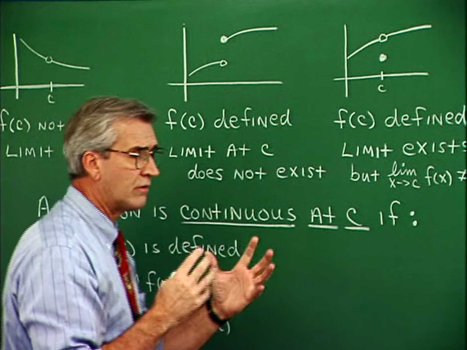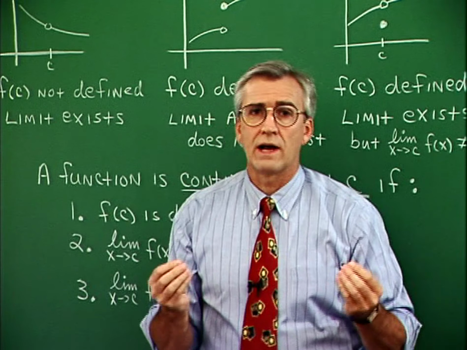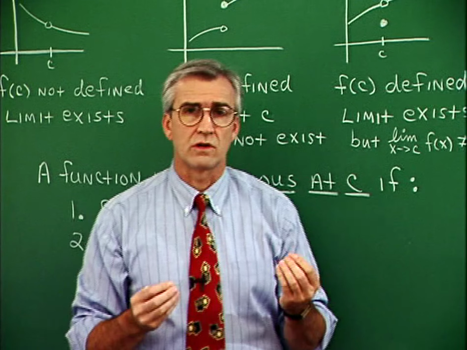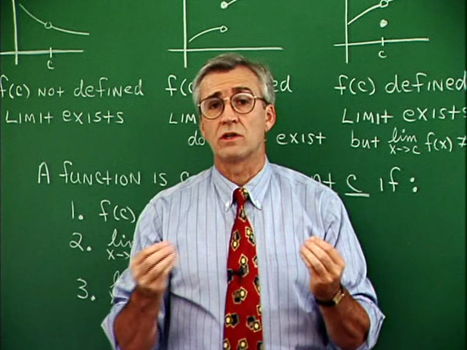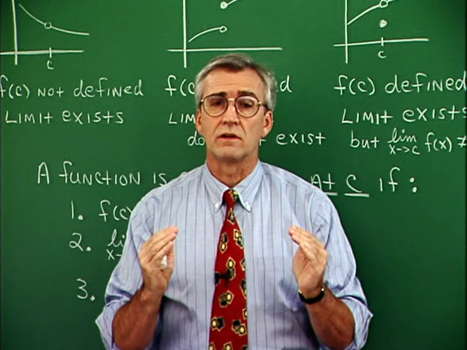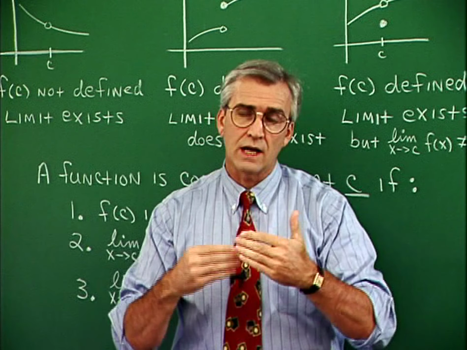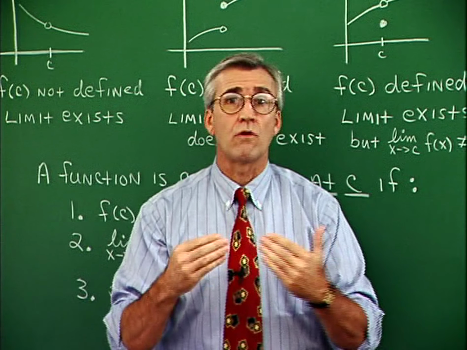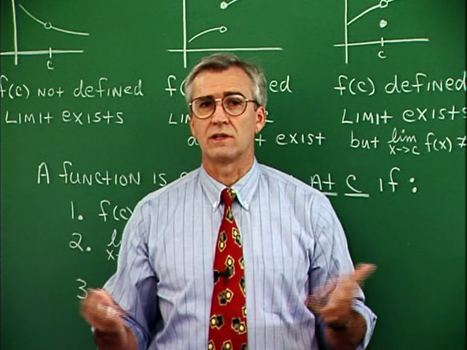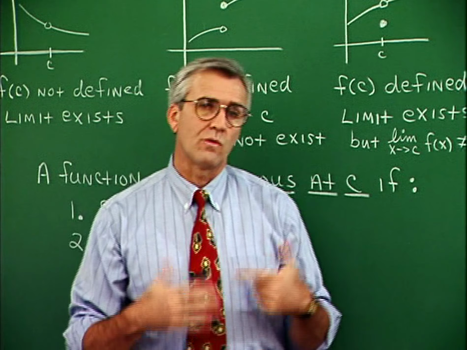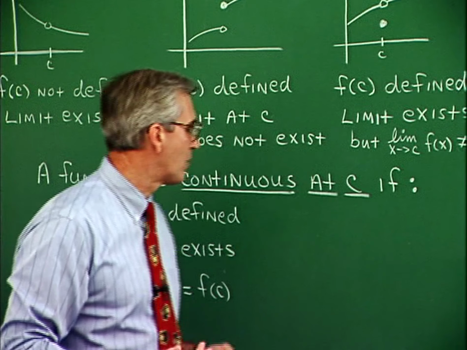So we can find intervals over which the functions are continuous. And the notion of continuity over an open interval is that we meet the definition for continuity at a point for every point on the open interval. It's kind of an intuitive idea. So we meet the definition at every point on the open interval.